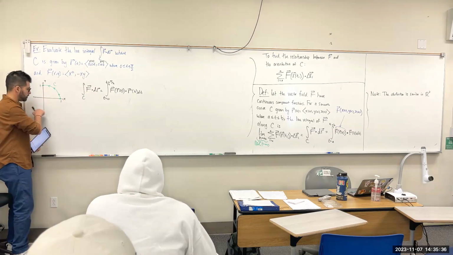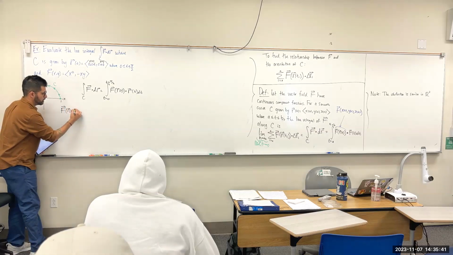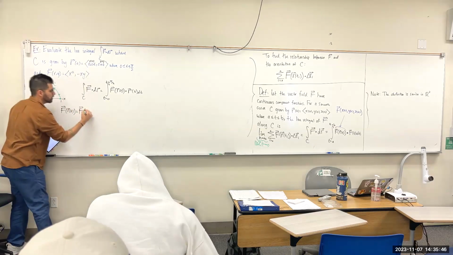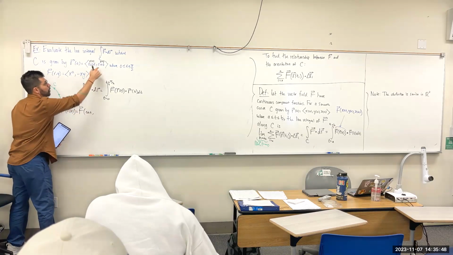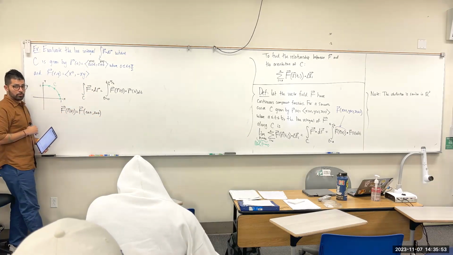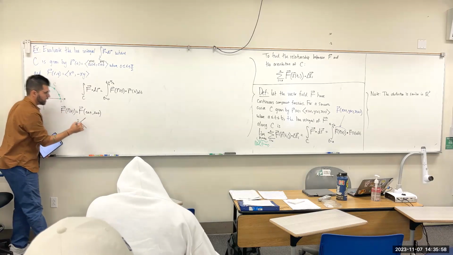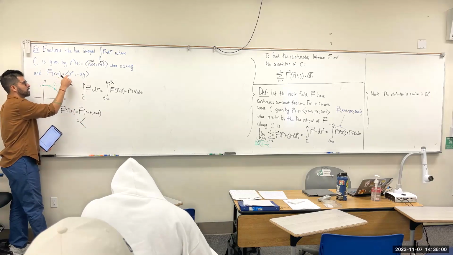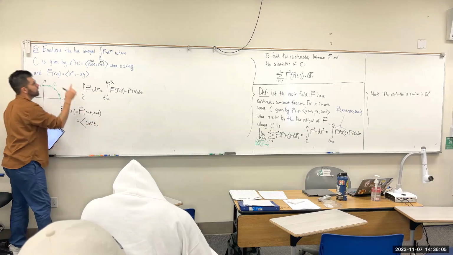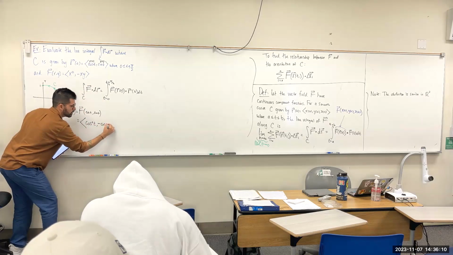So f of r of t really means f of the x function, which is cosine of t, and the y function, which is sine of t. So anything that has an x gets replaced with cosine, and anything that has a y gets replaced with sine. And then this will be minus cosine t sine t.